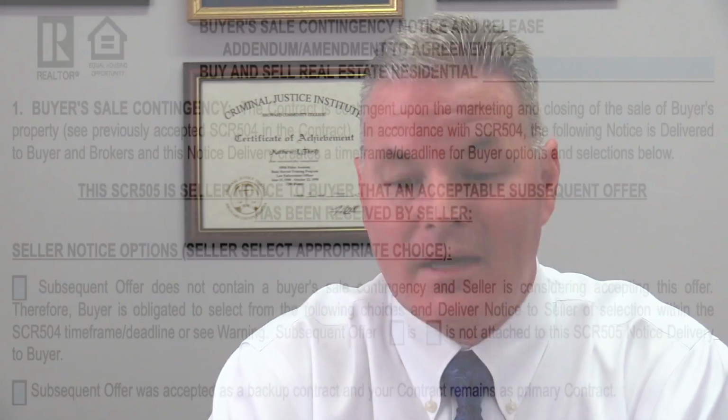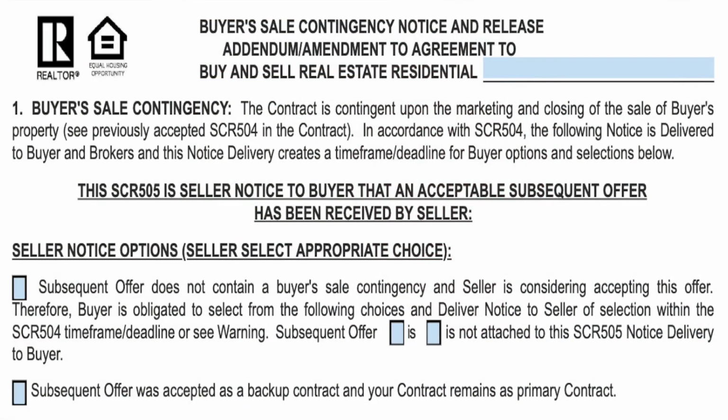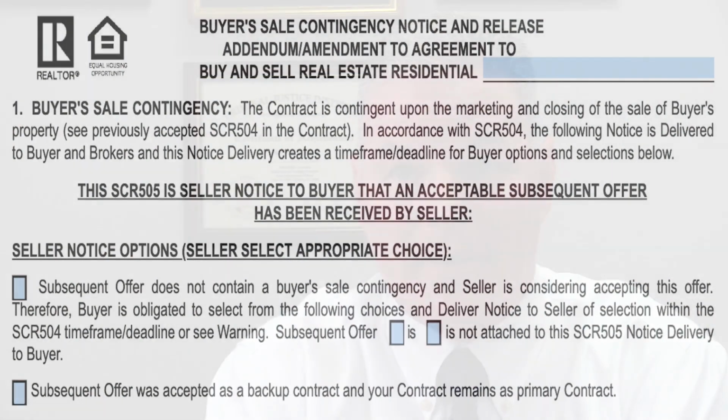So that 48-hour, 2 business days, or 3 business days, 72-hour, whatever the case may be, whatever you guys have decided on, that's the timeline that they're referring to on Form 504. Subsequent offer is or is not attached to this 505 notice delivery to buyer.